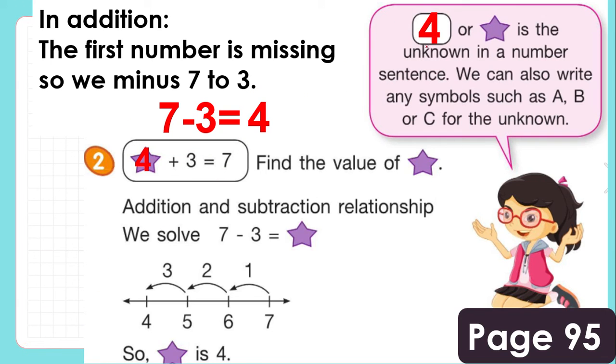So the star is the unknown in a number sentence. We can also write any symbol such as A, B, or C for the unknown. Okay, so if you don't know, let's just write letters of our alphabet.